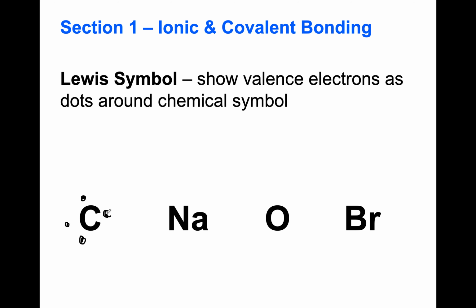And sodium has 1 valence electron, so I would draw just 1 dot. Oxygen has 6, so 1, 2, 3, 4, 5, and 6. Okay, and you guys get the idea.